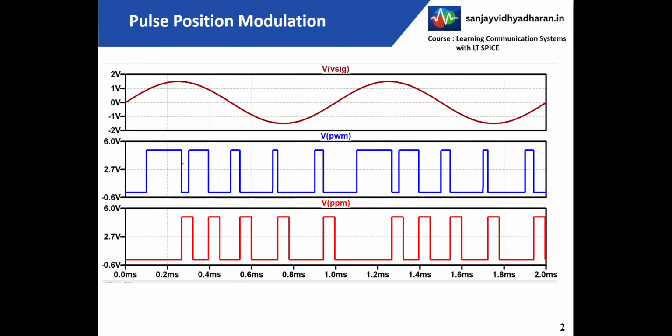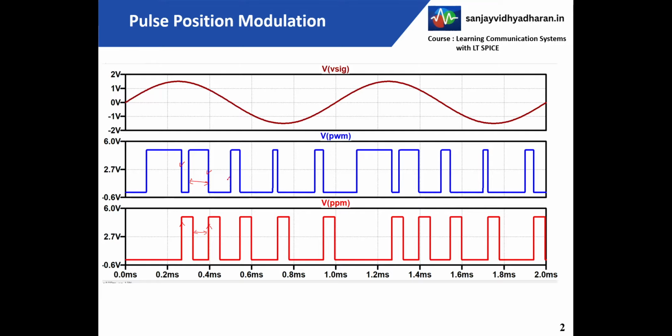We already saw how to generate PWM, and from PWM we are going to generate PPM. With this edge, I am going to trigger a monostable multivibrator which will give me one pulse. Now the next negative edge, I am going to trigger again. This negative edge depends on the pulse width, and that pulse width will result in the pulse position out here.